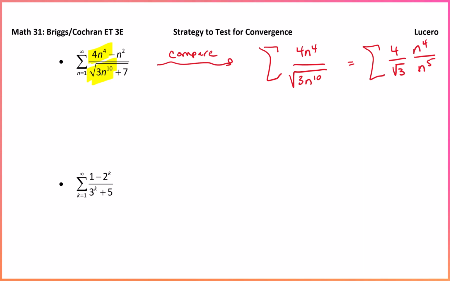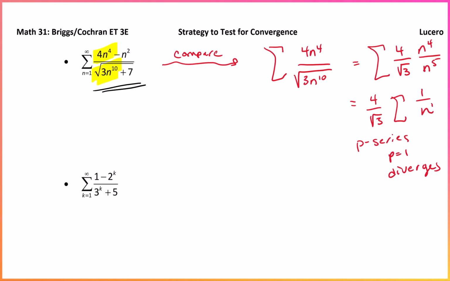And I can play that out. And again, think about that 4 root 3 as a constant. And I've got 1 over n to the first, and that's a p series where p is equal to 1 and we have divergence. And I'm thinking, you know what? I'm going to come back here and I'm probably, once again, going to use limit comparison test on that one.